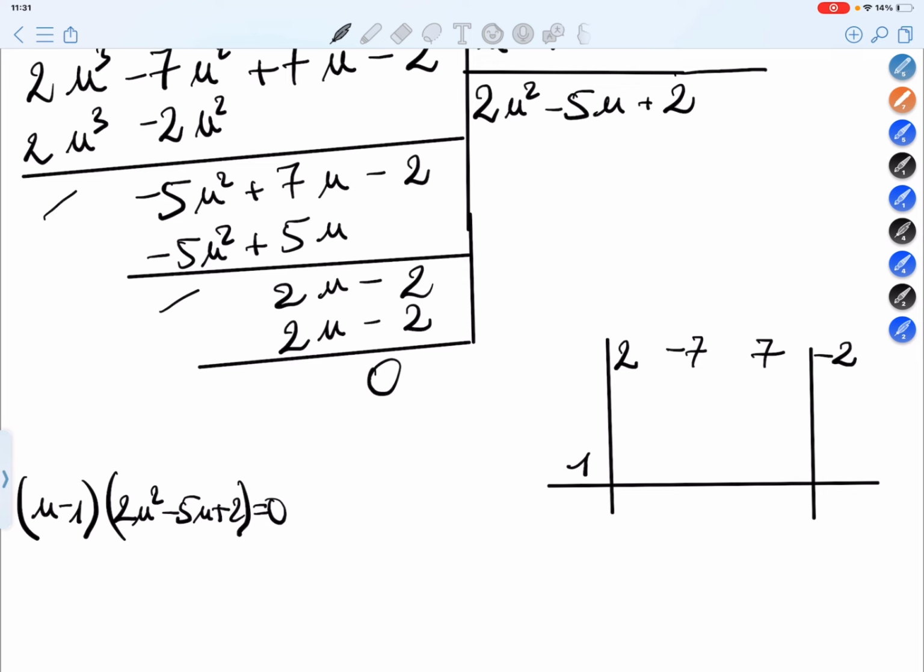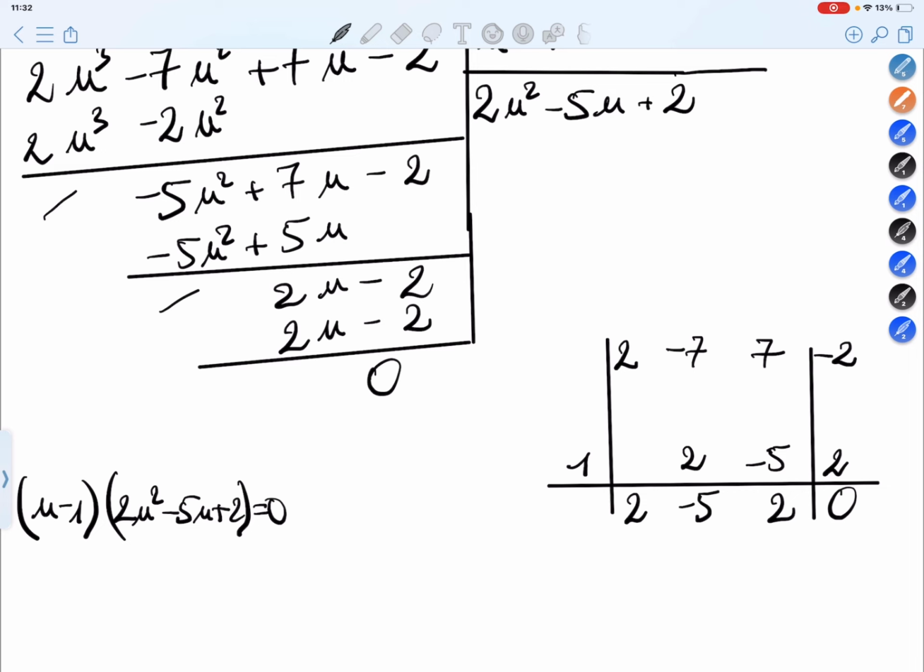So then we bring the 2 down. Then we multiply 2 by 1, which gives us 2. We put it here. Then we add up, which is minus 5. Then minus 5 times 1, which is minus 5. Then we add up. 7 minus 5 would give us 2. Then 2 times 1 would be 2. If we add up here, we would end up with 0.